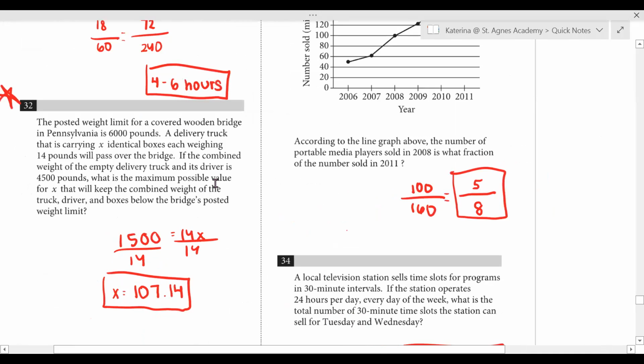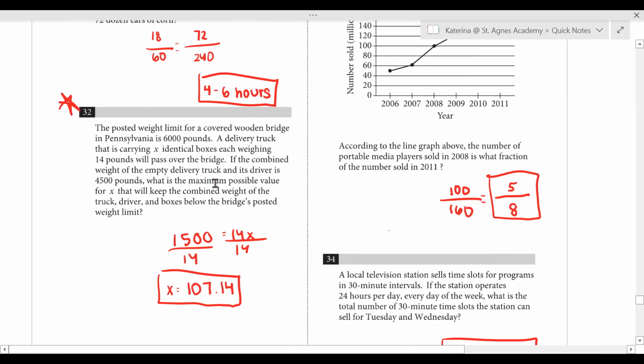So I think you have done this correctly. I just don't know how I got 107.14. Let's see. They're asking what's the maximum possible value for x that'll keep the combined weight of the truck driver and boxes below the bridge's posted weight limit. So what's that x? x is the number of identical boxes.